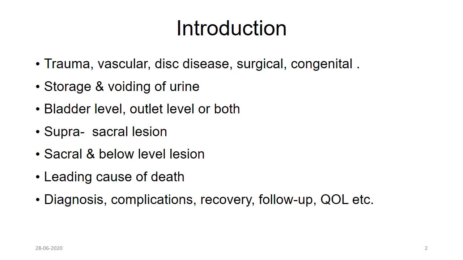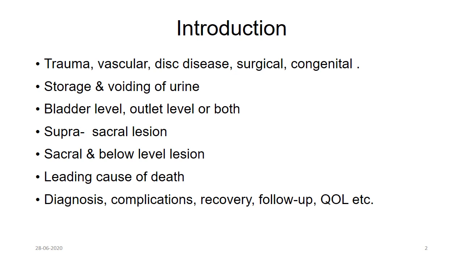In suprasacral lesions, there may be detrusor overactivity, detrusor sphincter dyssynergia, vesicoureteric reflux, and there may be long-term complications like hydroureter, hydronephrosis, pyelonephritis, and renal failure. In sacral and below level lesions, there will be hypotonia of the bladder and overflow dribbling.